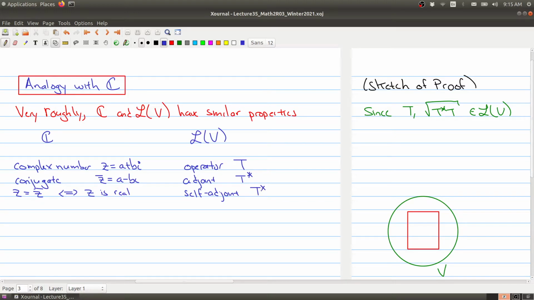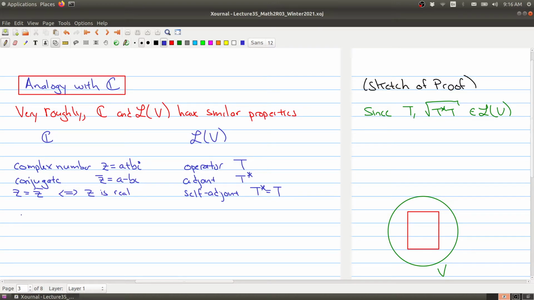So that would be saying that the adjoint of T is equal to T itself. If we identify the complex numbers with the operators, and the conjugate with the adjoint, that tells you that the self-adjoint operators should be the things like the real numbers.